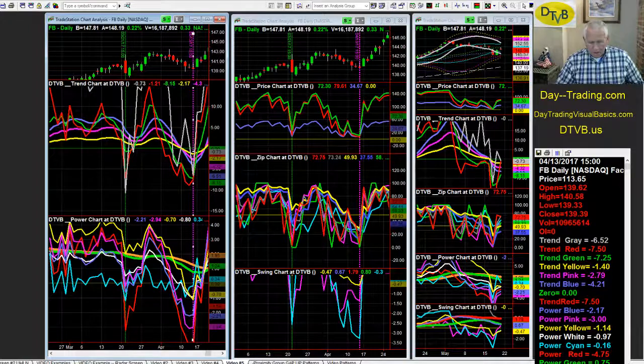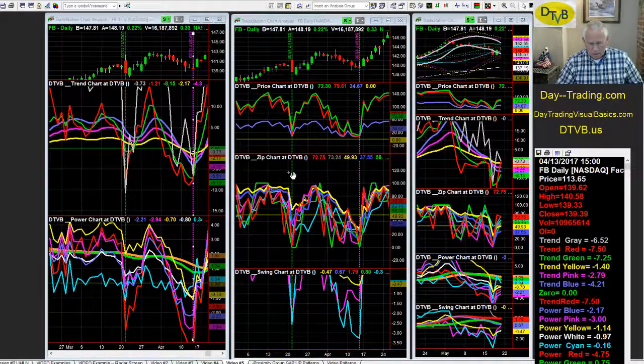Now, the other thing I'll point out in this example is we like to see strong zip red movements.